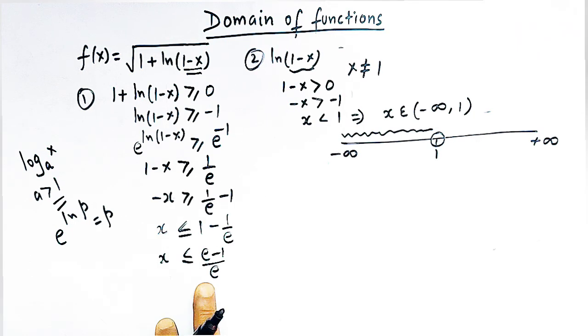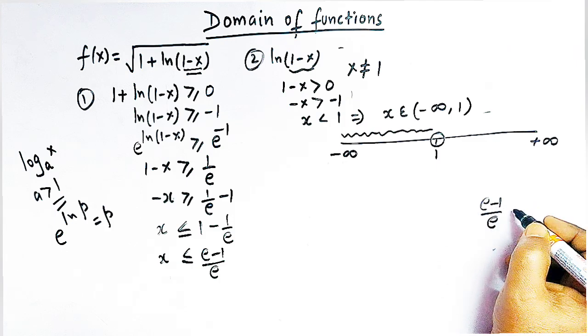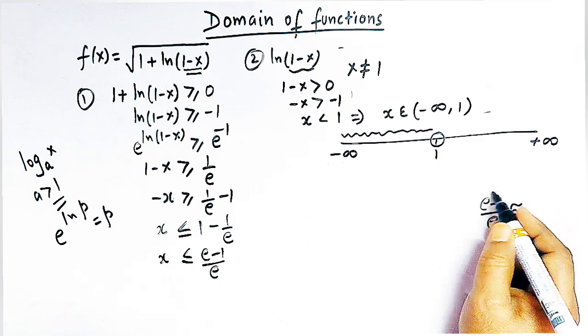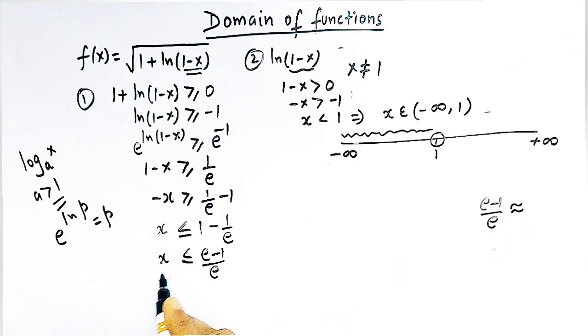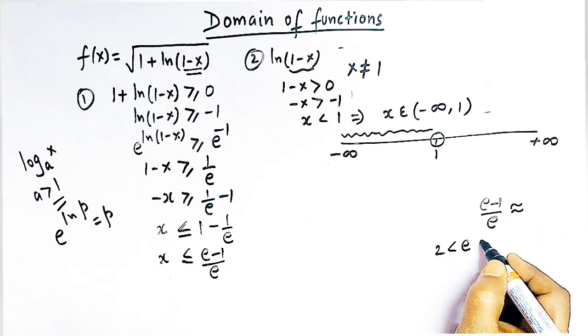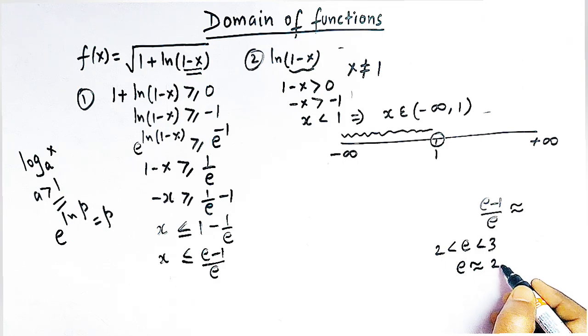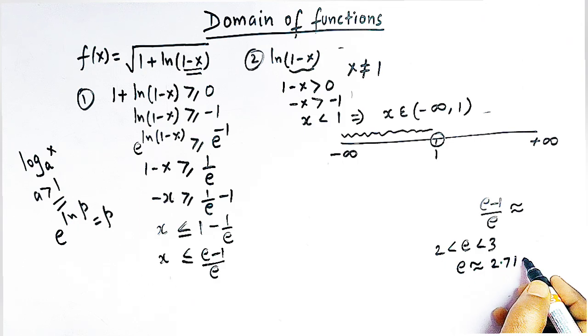Now let us find the approximate value of 1 minus 1 over e, since we have x less than or equal to 1 minus 1 over e. We know that e lies between 2 and 3, and the approximate value of e is 2.718.